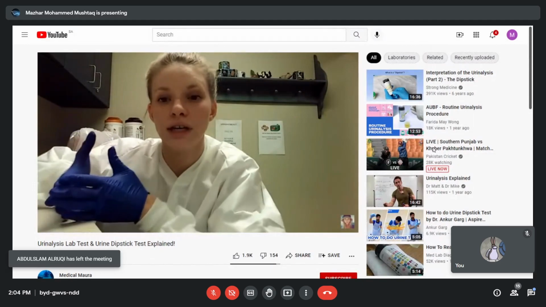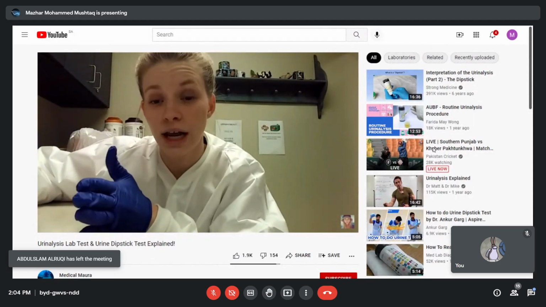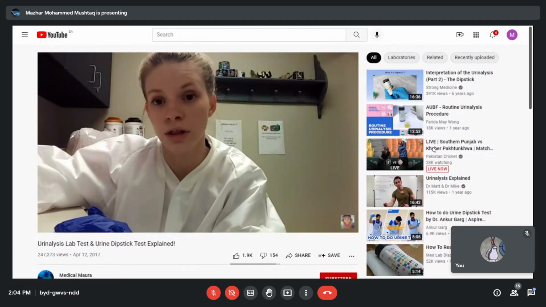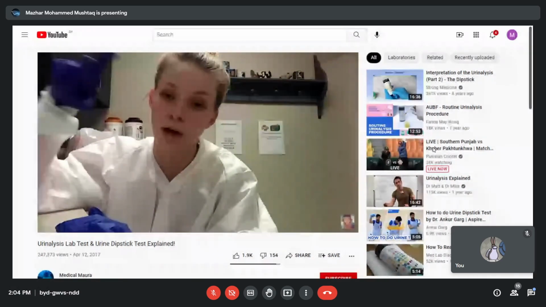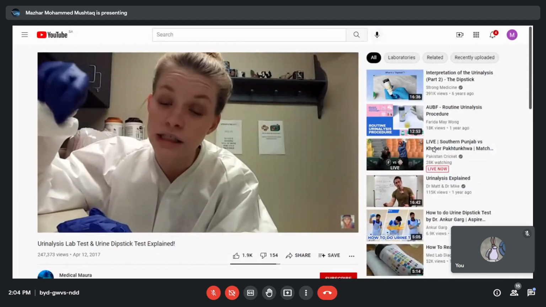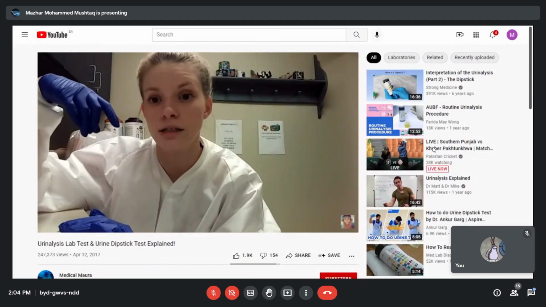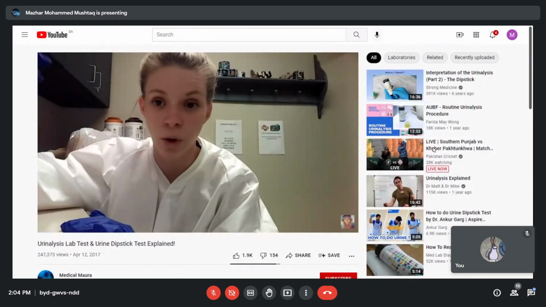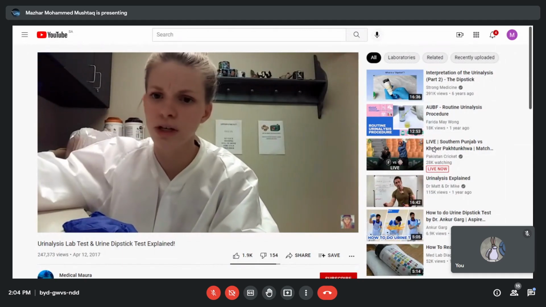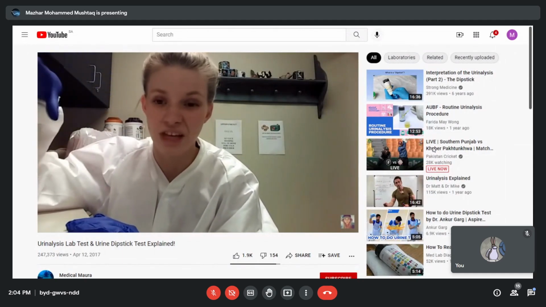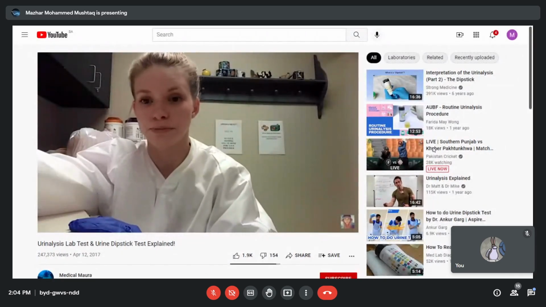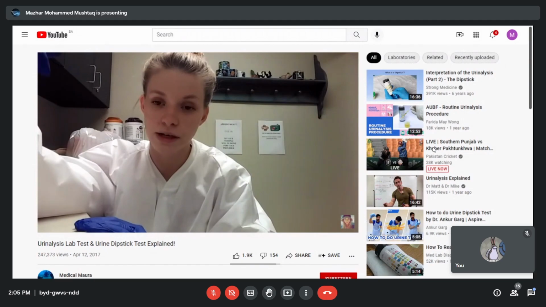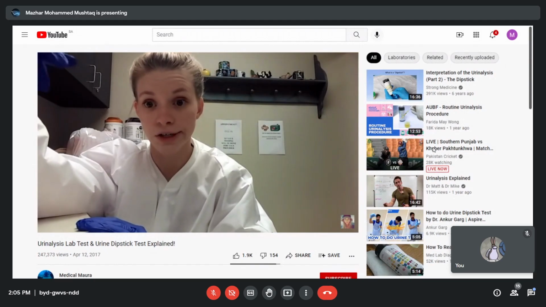But usually you can get a urinalysis or you can get a UA with micro, and that would be the dipstick part along with spinning down the urine sample, looking at the bottom part, the sediment, and seeing what kind of stuff's in your urine: white cells, red cells, bacteria, mucus, crystals, just any and everything. So, today we're just talking about the dipstick part. If you want to check out some of my other videos, I've put up some microscopic urinalysis videos.